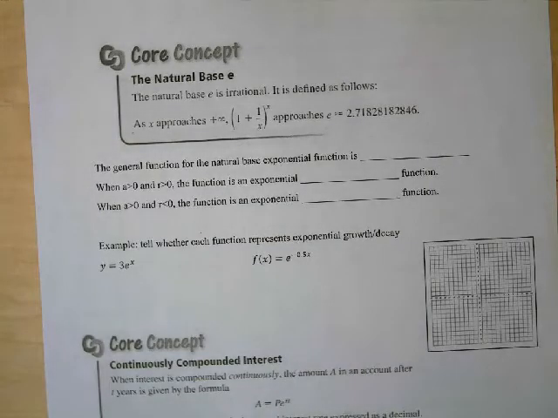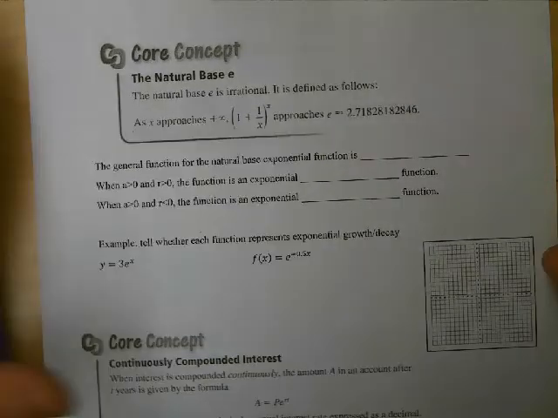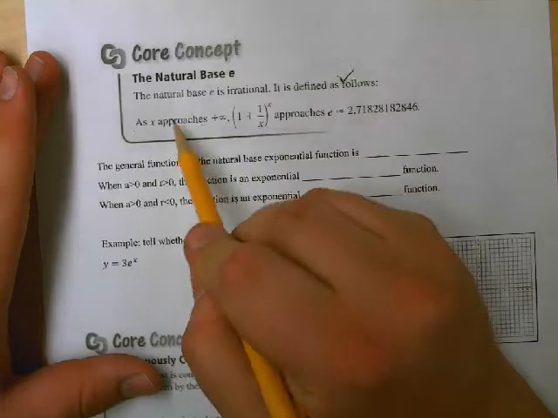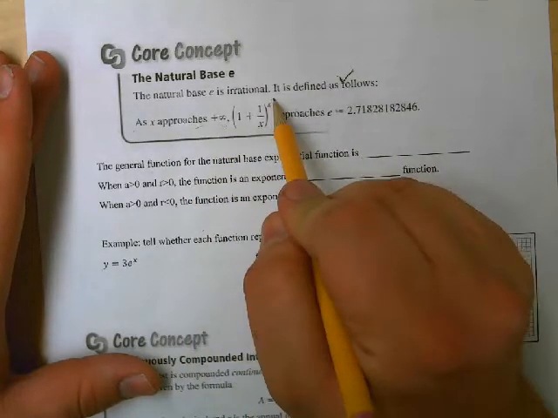We also talk about this in terms of population growth. A lot of times we'll use this formula, but really it's just continual growth. It can be approximated, as x approaches infinity, by this amount here.